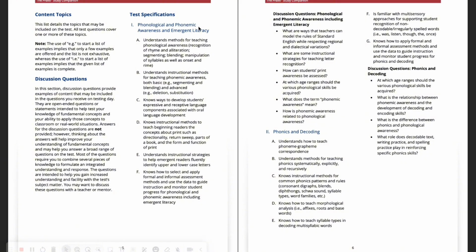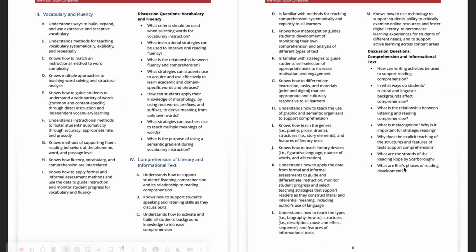Phonological and phonemic awareness and emerging literacy, phonics and decoding, and then look at all of this information under here that they're letting you know what they're assessing you on. Vocabulary and fluency, comprehension of literary and informational text, and look at all of this good information that you can use as a study plan.